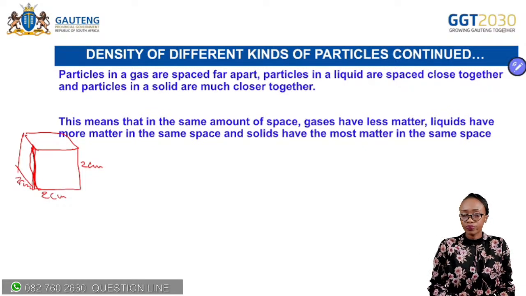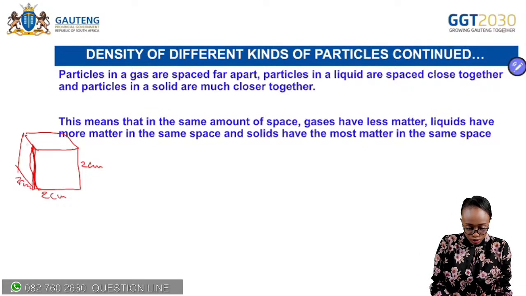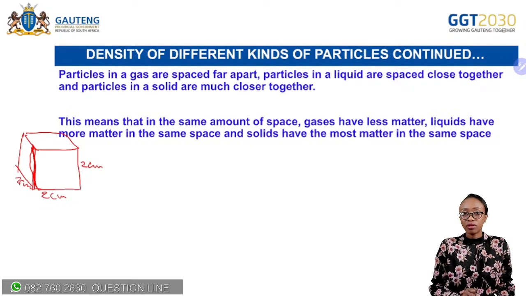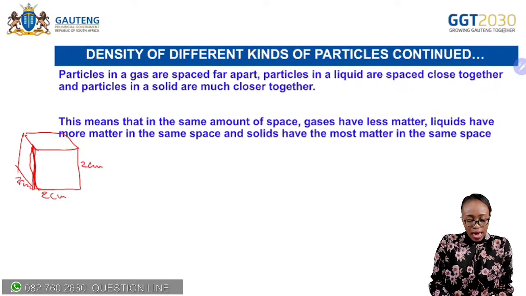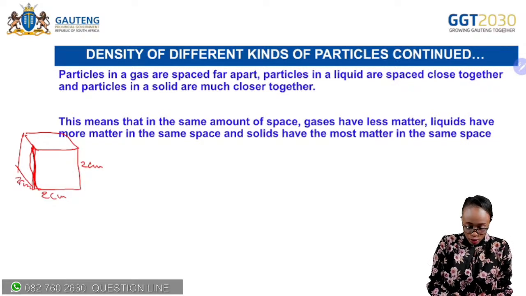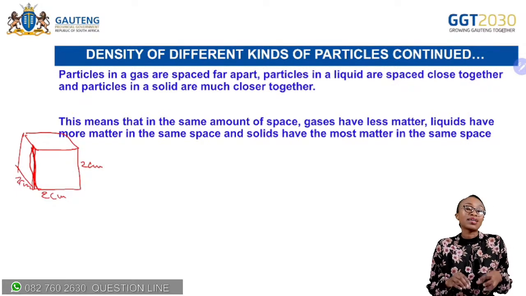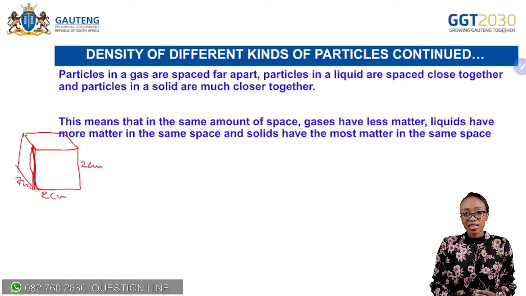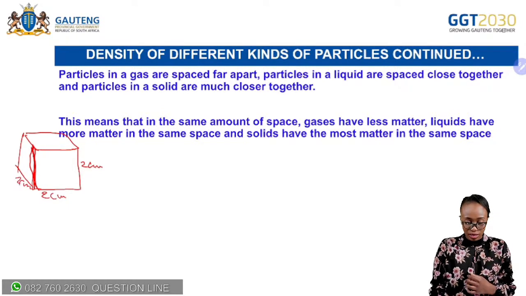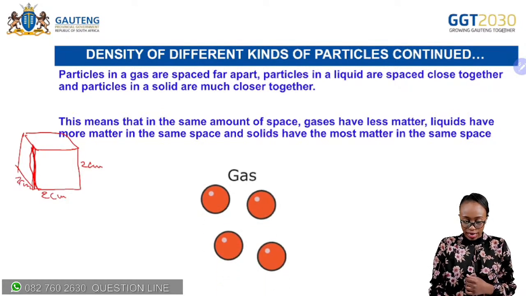Fewer particles. A liquid will have more matter, definitely more particles than the gas. And then a solid will have the most matter in that same space. The volume is the same, but now we're talking about the amount of matter. Let's look at a gas.